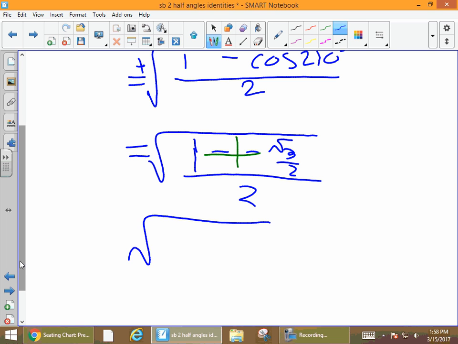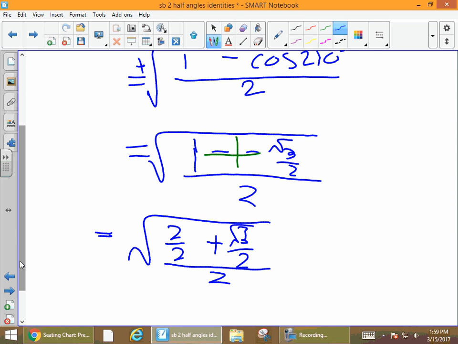What would our common denominator be between 1 and radical 3 over 2? It's going to be 2. And so what will 1 become then? Yeah, it's going to be 2 over 2. So we have 2 over 2 plus radical 3 over 2, all divided by 2. I know it doesn't look like it because of how I wrote my square root, but this 2 is under the square root as well.